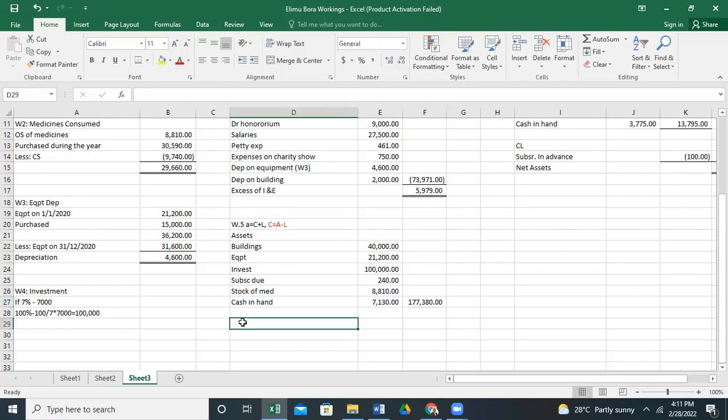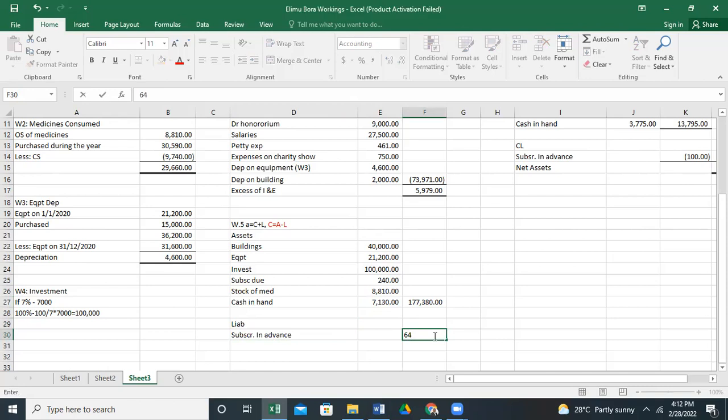Then I have the liabilities. We had only one, right? So I have the subscriptions that were received in advance. But remember, we are talking of the original. The very original one was 64, right?